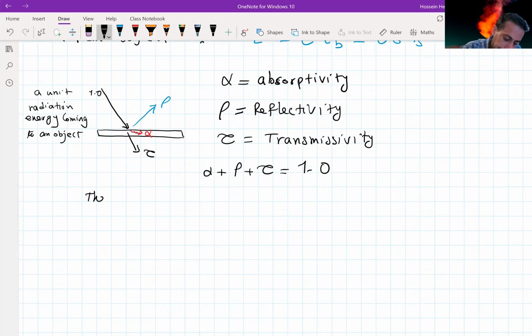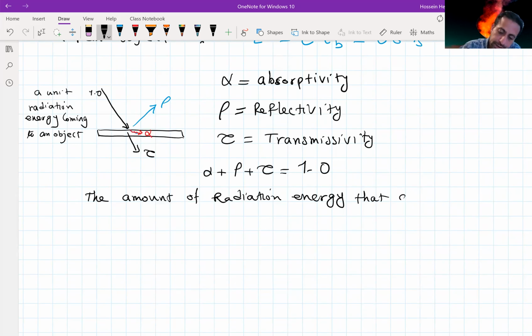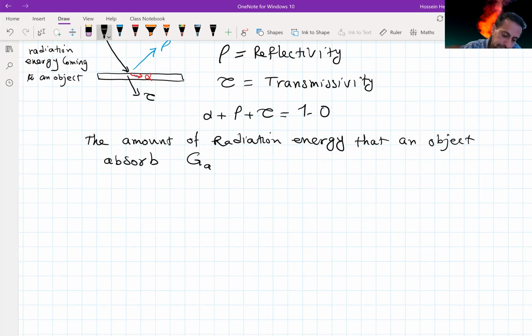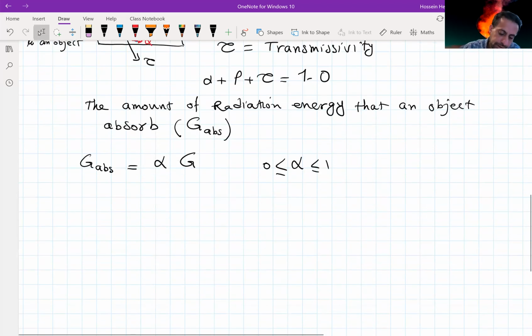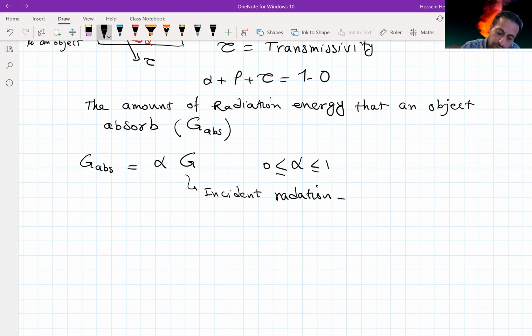So the amount of radiation energy that an object absorbs, if we show it with G absorb, then this G absorb is going to be the fraction of what it's receiving here, alpha times G, where alpha is between 0 and 1, and G is incident radiation or irradiation, which has a unit of watt per meter square.